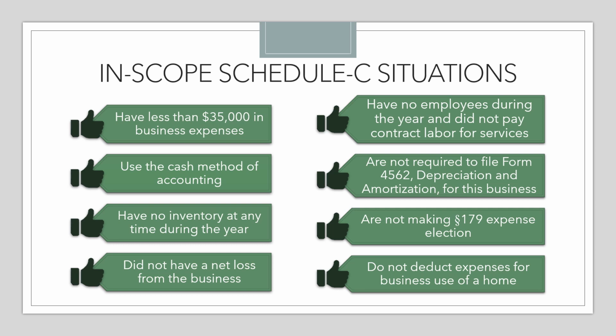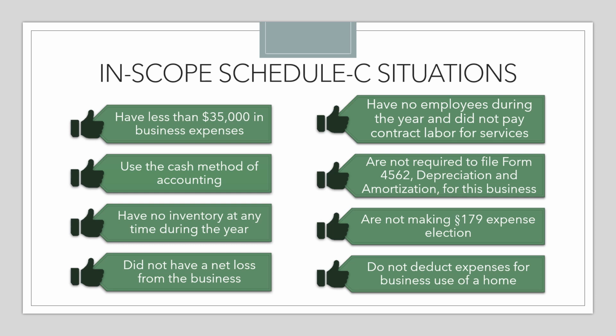So this is one of those things where it's really handy to look at all the forms of income they had and collect all of their expenses. And before we start entering anything into the return, just do a quick calculation to see, is this person making a profit, or is this person probably going to be a loss, in which case their return will be out of scope and we'll need to send them on to a paid preparer.